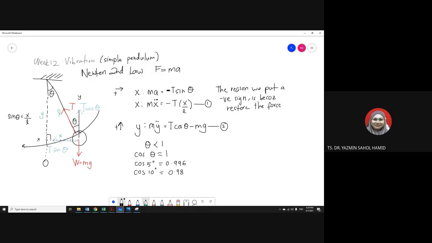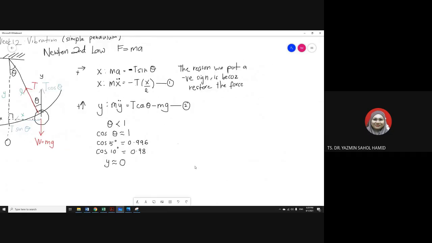So for the y direction, for simplicity for this, we always assume y will equal to 0. Okay? Alright. So when we assume y equals to 0, untuk equation number 2 ni, my tu dia akan jadi 0.